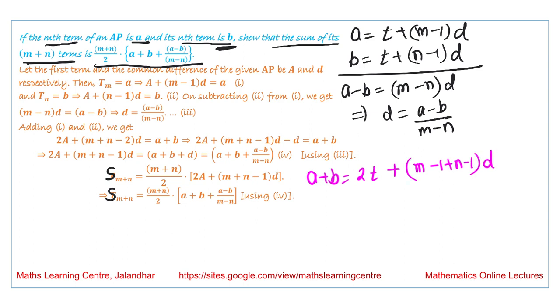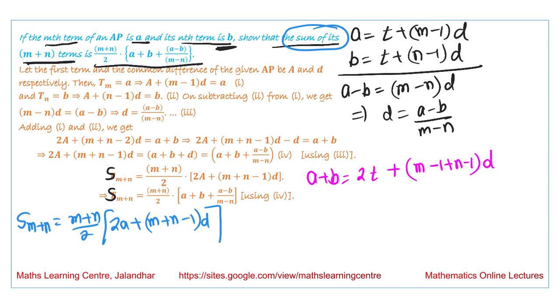Now we have to calculate the sum of the m + n terms. So the formula will be: sum of m + n terms = (m + n)/2 × [2t + (m + n − 1)d].